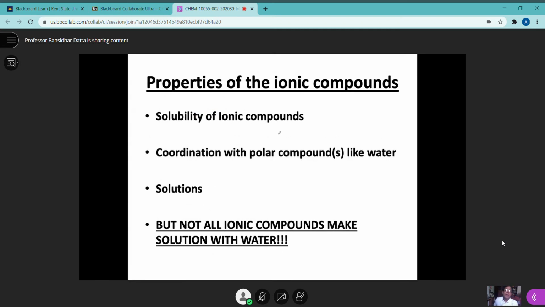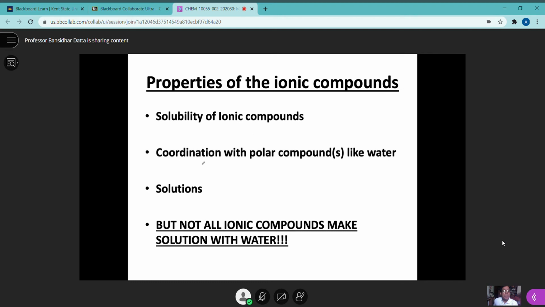For example, if you take table salt, sodium chloride, take a pinch of it, take a glass of water and mix it, and it's gone. Does that mean they're gone? No, they're not gone. They're soluble. So what happened there? That's what's going to answer the question.